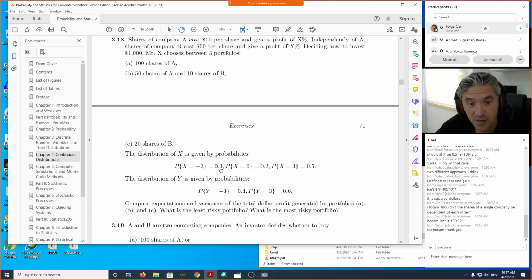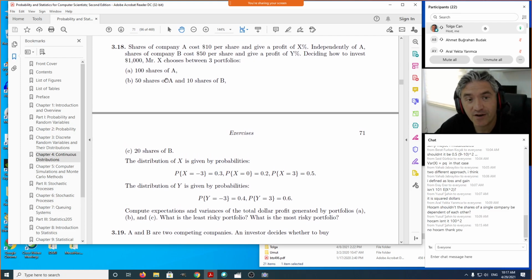Now we have the probability, for example, if we lose 3%, if we get 100 shares of A at $10 per share, we can compute the expected values by multiplying the probability with the total value of A when you lose 3% of it.